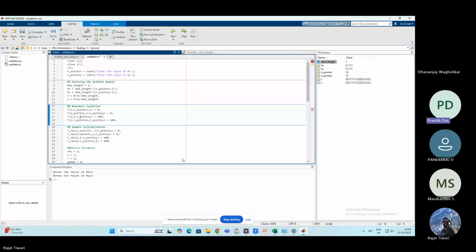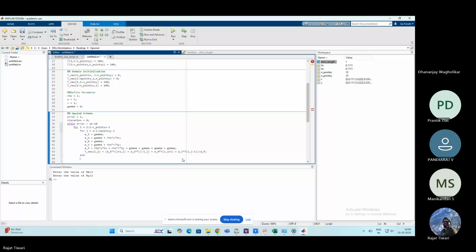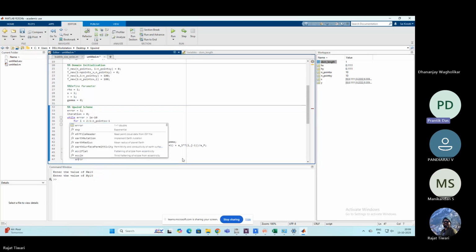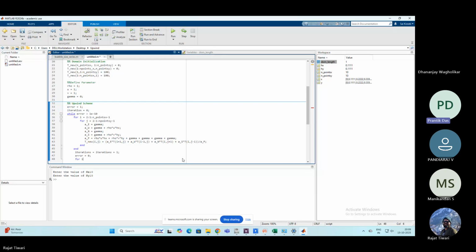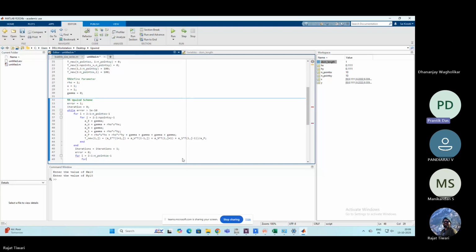So in my iterations, iterations equal iterations plus 1, theta equal to 0, for i equals 2 to n points x minus 1, for j equals 2 to n points y minus 1, which is your y directional counter.